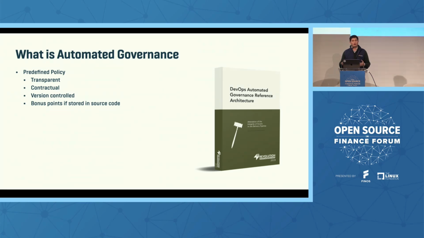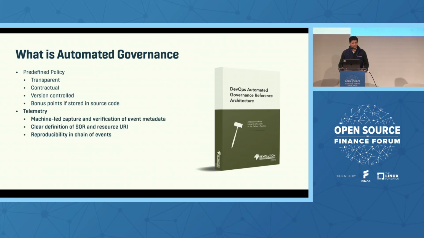They can see what's required of them and what they need to do to meet it. It's contractual, which means that it's been agreed upon that if you meet these certain policy requirements, then you can go release the software. It's version controlled, so its history can be shown retroactively. And then you get bonus points if you store it in source code. Depends on how you want to implement it.